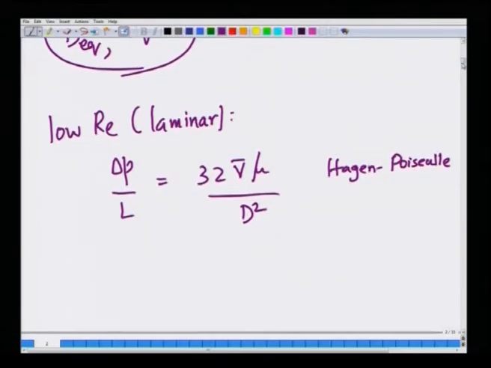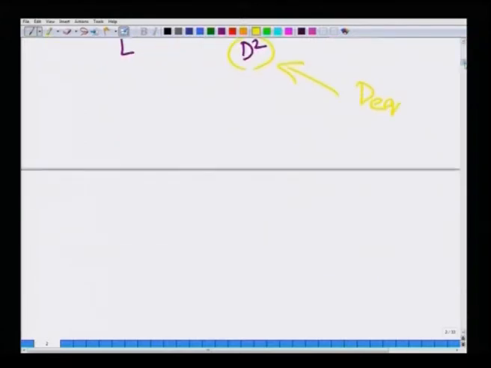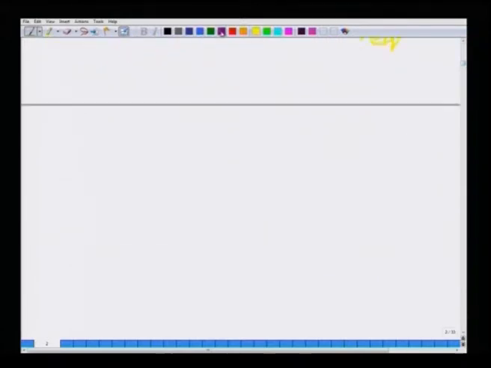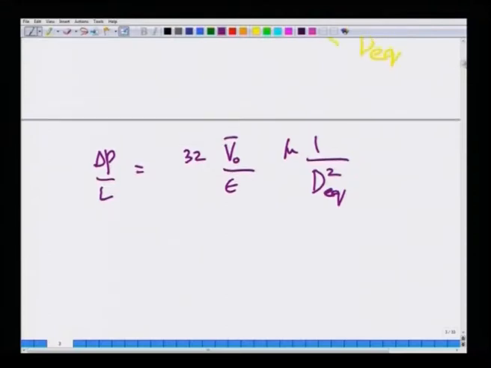So, this is the Hagen-Poiseuille relation for pressure drop versus average velocity. Now, instead of d we are going to use dE, the equivalent diameter, and then we are all set to derive the pressure drop relation. So, delta P by L is 32, and instead of V we are going to write V naught by epsilon, times mu, times 1 by d equivalent squared.